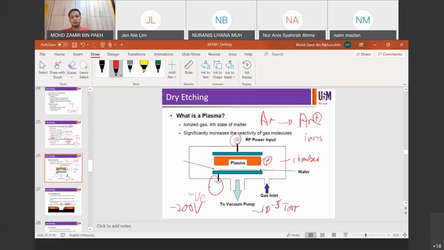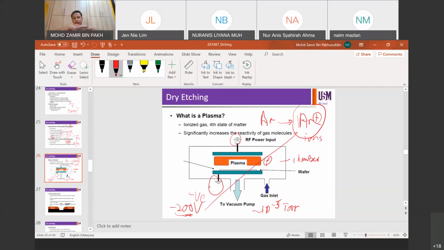So apa akan jadi? This negative bias will actually attract the positive ions. Negative, positive, attracted. So if you can attract these ions at a very high energy, sebab plate belakang silicon wafer tu is all negative. So silicon is negatively charged, if you like. So you akan tarik argon ion at a very high energy to bombard the surface.